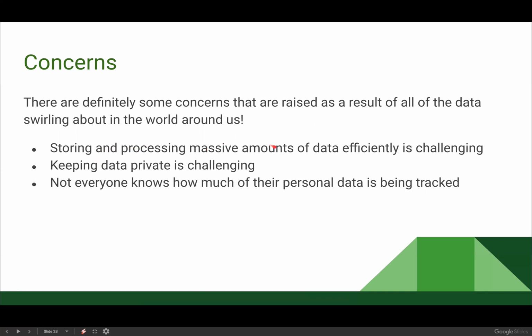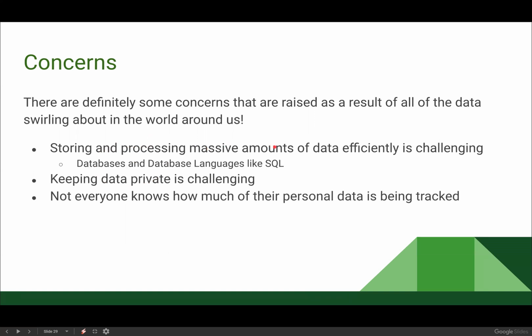A solution that has been developed for that is databases, which are systems designed for storing huge quantities of information. And then to interface with these databases, we have database languages like SQL, so that we can access our data in a programmatic way. We can use this computing language to actually get specific subsets of our data.